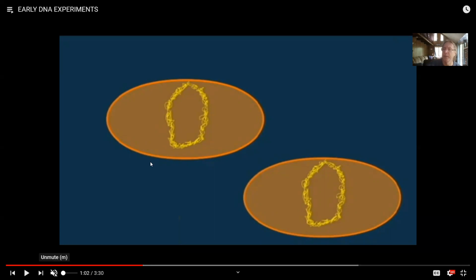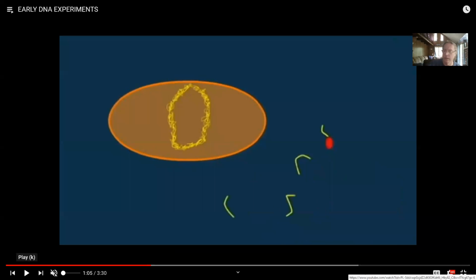So in transformation, if, say, this cell dies on the right, the cell on the left, if it's a bacterial cell, can use its biomolecules as food.